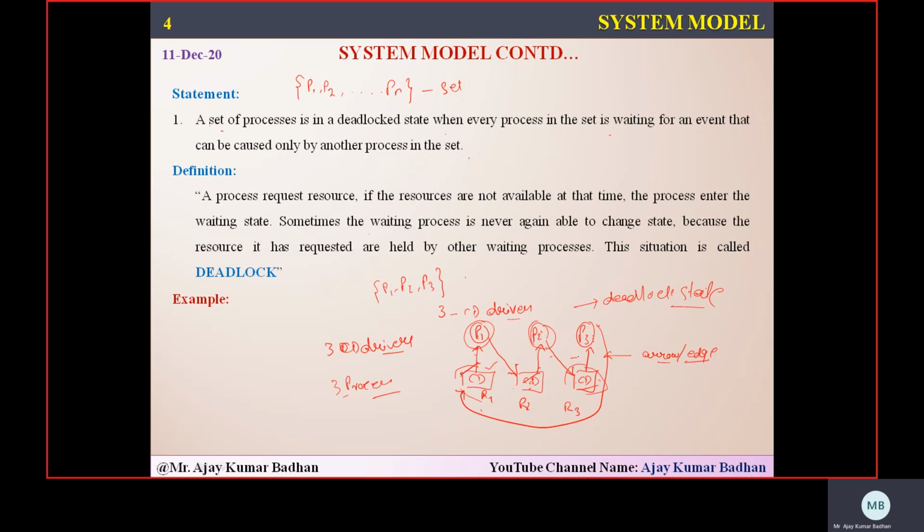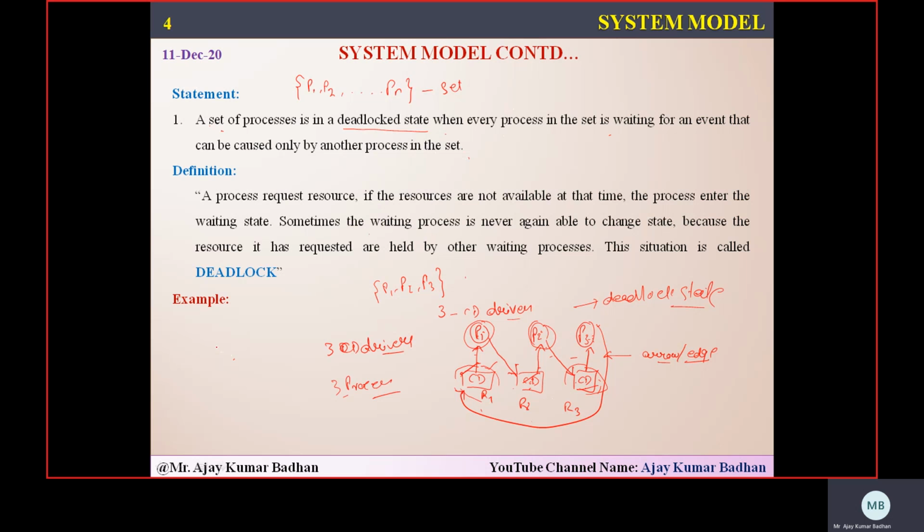P2 is waiting for an event that can be done by P3, that is releasing this resource. And P3 is waiting for an event by P1 to release this resource, and they cannot release. They are not going to release it. Then we can say that all three processes are in a deadlock state. That's what it is basically saying.